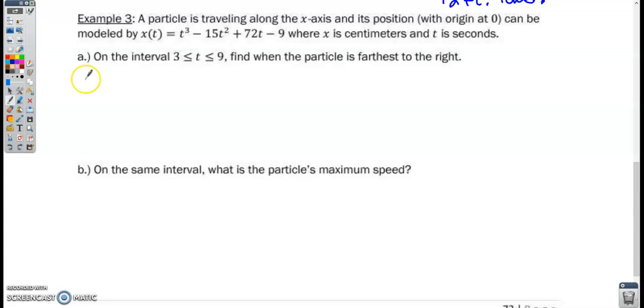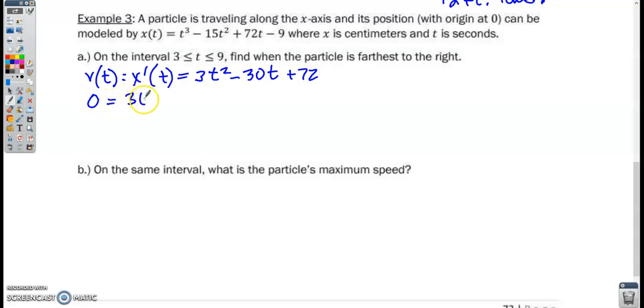In order to get that, we're going to find our velocity function, which is the change in position, x prime of t. So we'll take the derivative of the function x of t. That gives us 3t squared minus 30t plus 72 as our function. We're going to set that equal to 0 and solve for t.